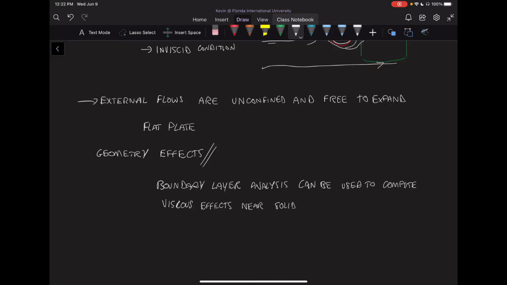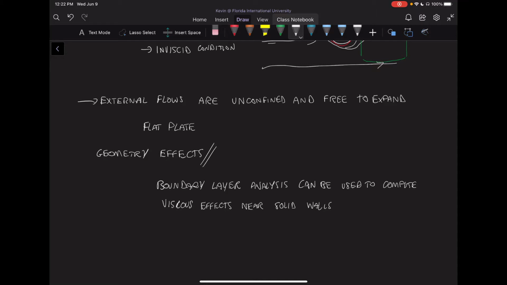So in the same way as in Module 6, we're going to be able to come up with an equation to try and understand how the flow works next to solid walls. And we know that when the flow is next to solid walls, we have a lower velocity as we get closer and closer to the wall.